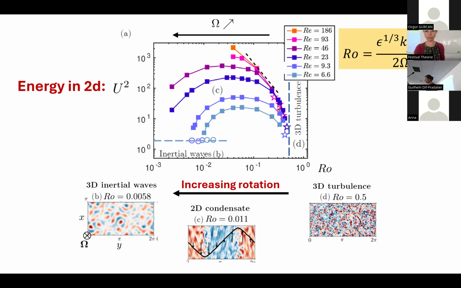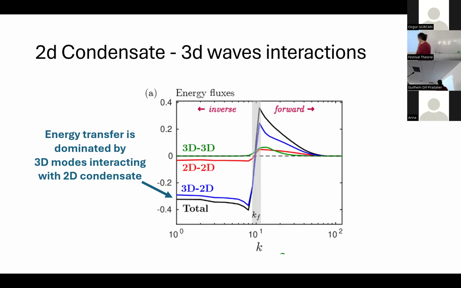The first thing to understand is how does energy get to the 2D manifold? There are different ways that can happen, and the way that I'm arguing that it happens is on this figure. If you look at the energy fluxes and decompose them, the black line is the total flux, green is 3D to 3D, red is 2D to 2D, somewhere there, but not that big, and then blue is 3D to 2D.